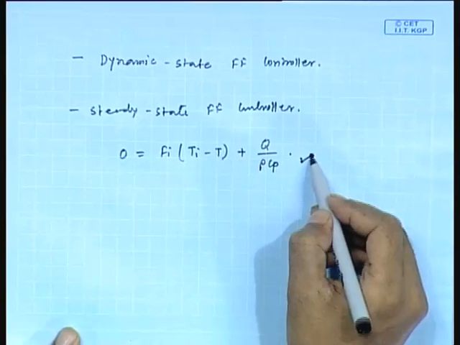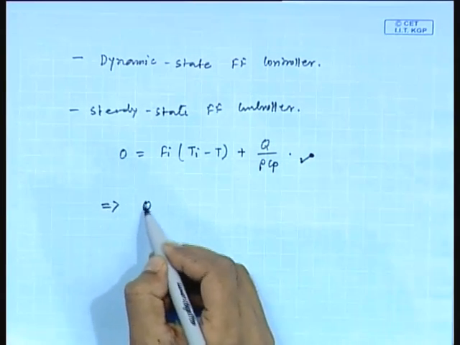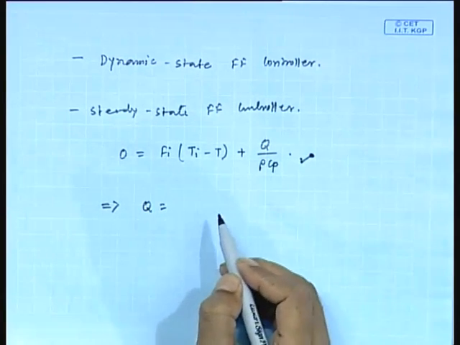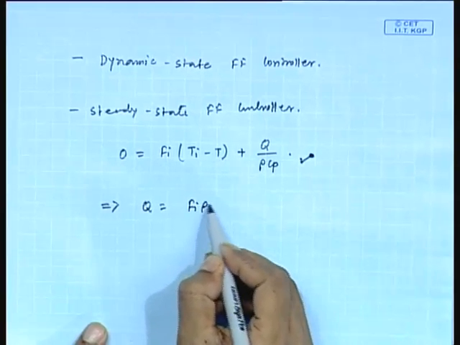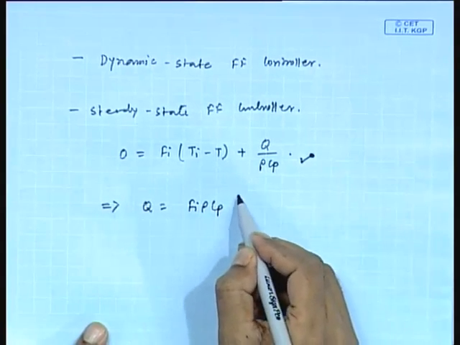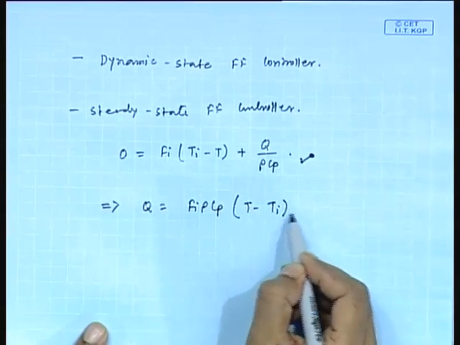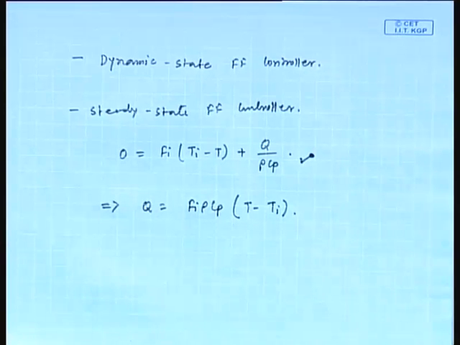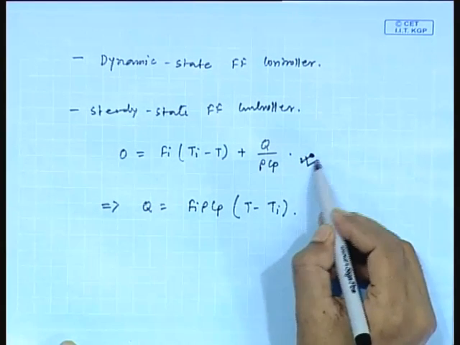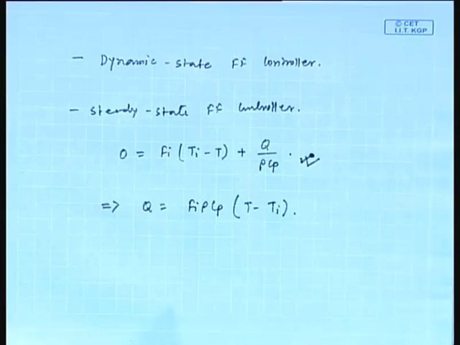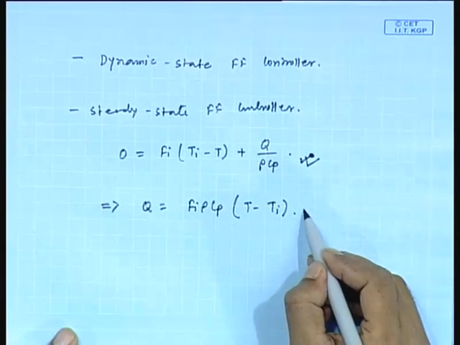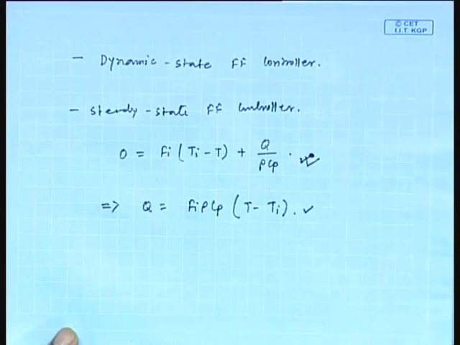Fine. Now, if we rearrange it, we obtain Q equal to Fi rho Cp multiplied by T minus Ti. If we rearrange this steady state form of the energy balance equation, we obtain this. Fine.